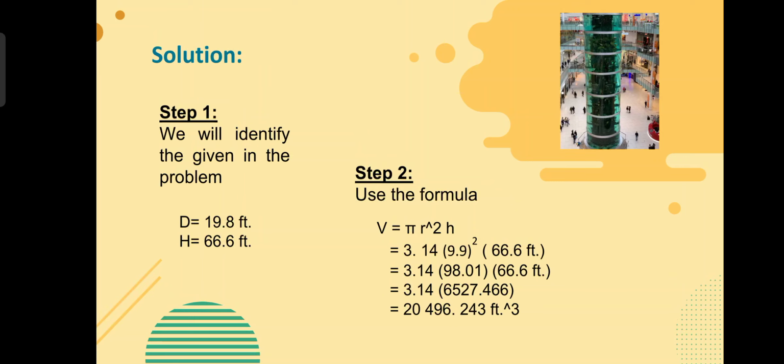So we got 3.14 times 6,527.466. We will multiply it by 3.14, so we will get the answer of 20,496.243 cubic feet. So this will be the answer for problem number 2.